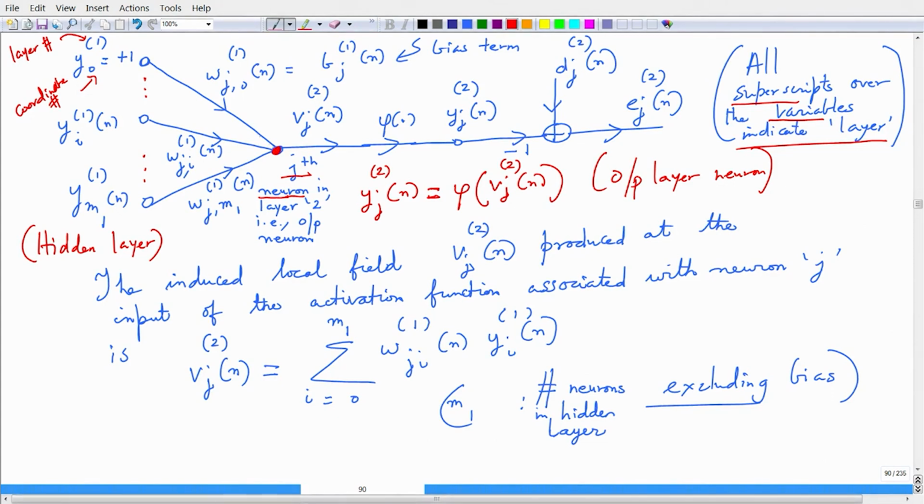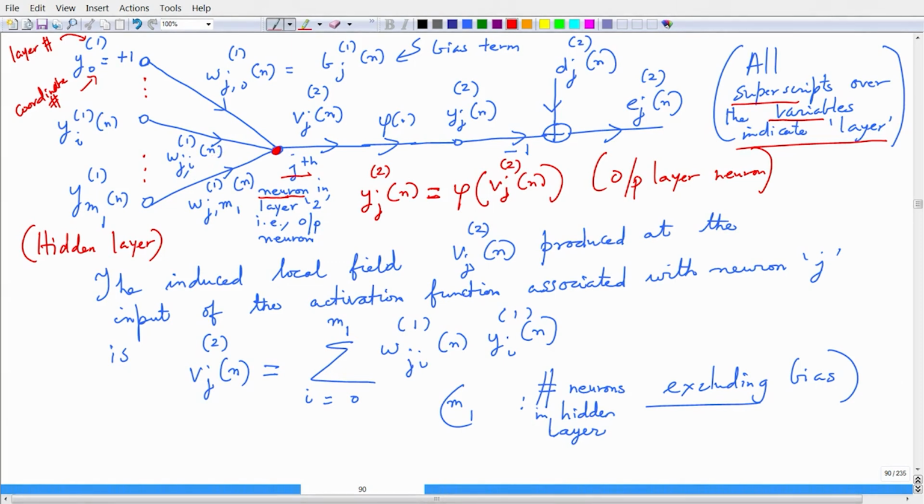This jth neuron is connected to the 0th node in the hidden layer by the weight wj0. This is our indication. Similarly, the jth neuron connecting with the ith functional signal is given by wj comma i, and again to recall, on the superscript it is the layer number, and in the braces it is the time instant, and j comma i here indicates the connection.